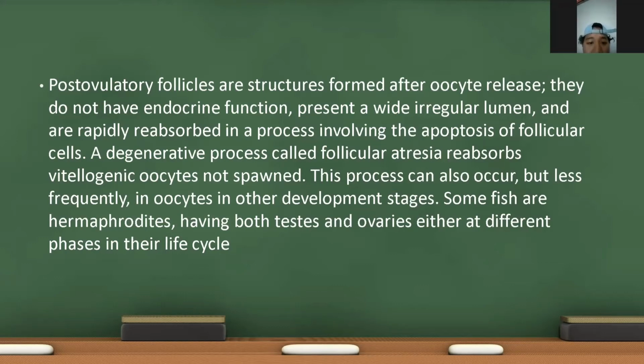A degenerative process called follicular atresia reabsorbs vitellogenic oocytes not spawned. This process can also occur, but less frequently, in oocytes in other development stages. Some fish are hermaphrodites, having both testes and ovaries either at different phases in their life.